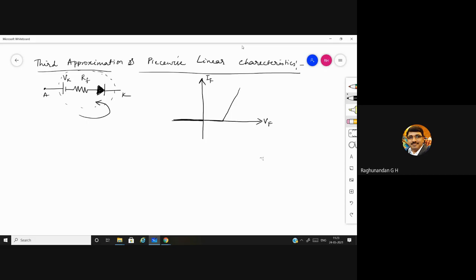So the current is considered zero for any amount of voltage.